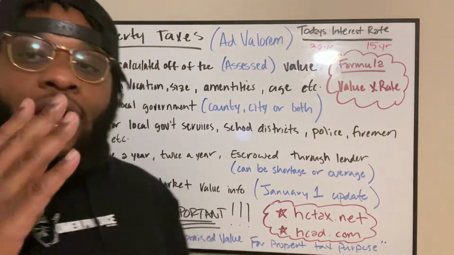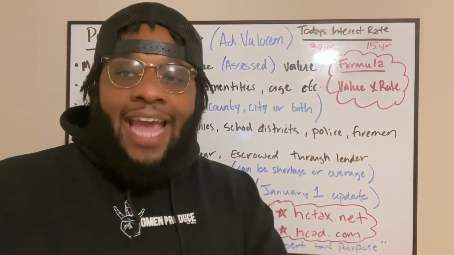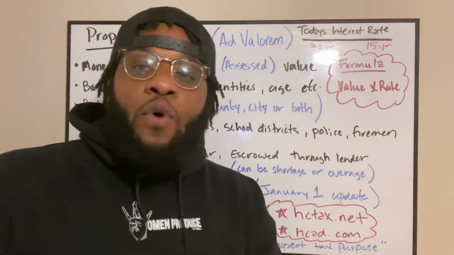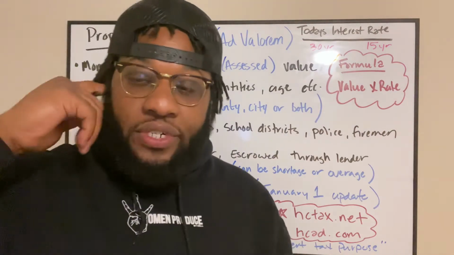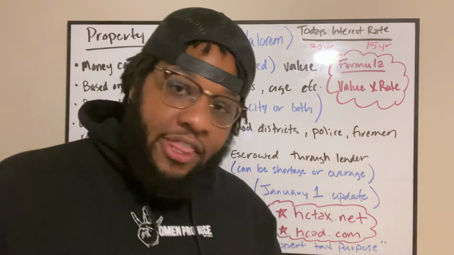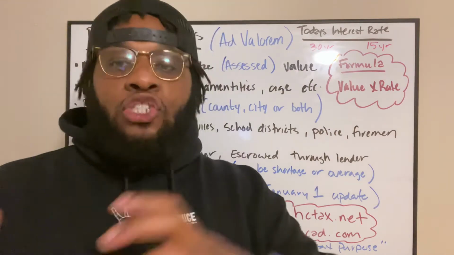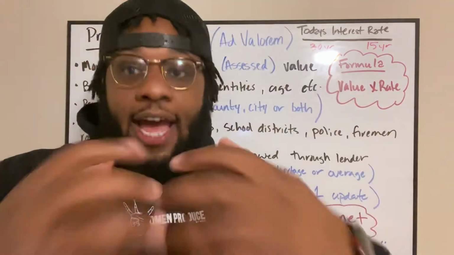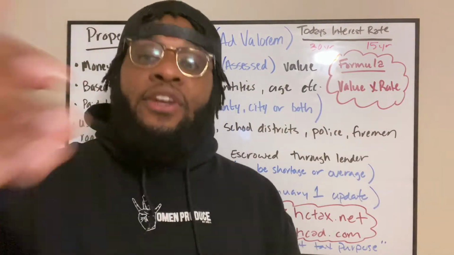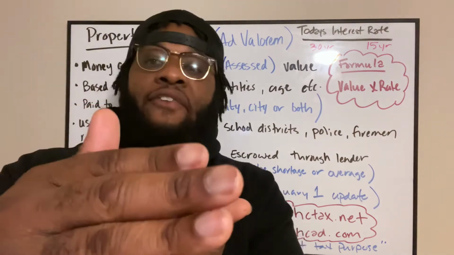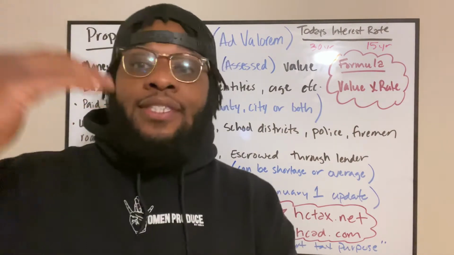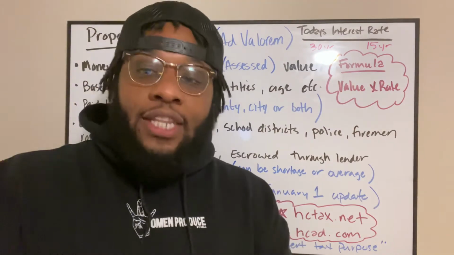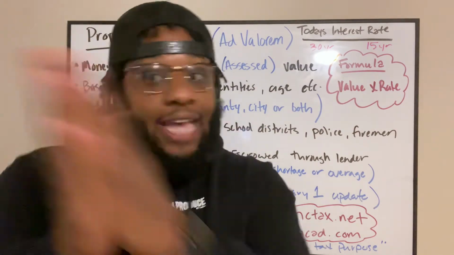So if you are escrowed, your taxes are paid with your principal and interest and your insurance, which is your hazard insurance. They're paid monthly, okay? And they're stored away for this time when taxes are due. So the lender pays on your behalf. All right. So when you see those documentations, those statements coming from your lender, read them because they're showing you, hey, your taxes may have gone up.